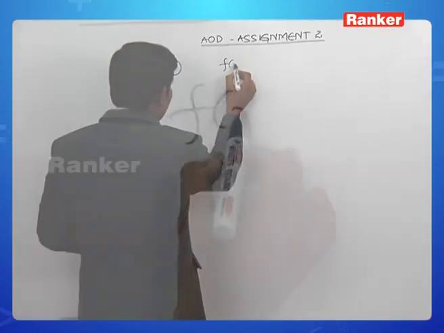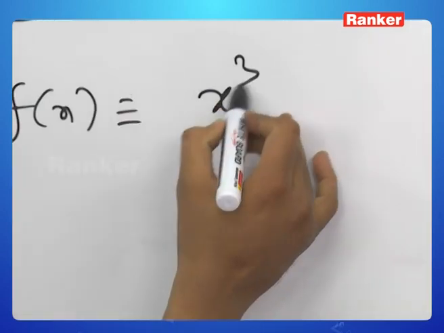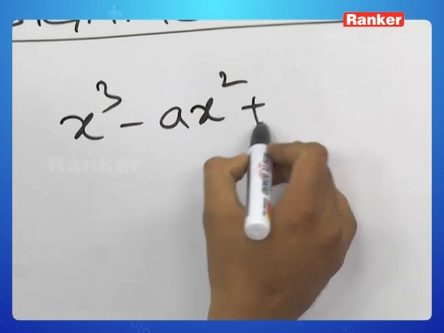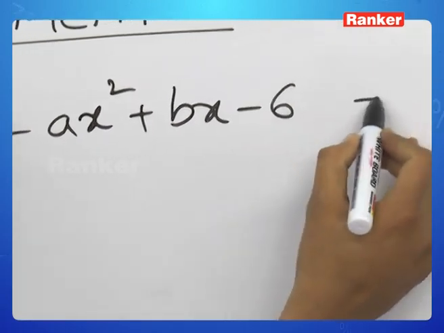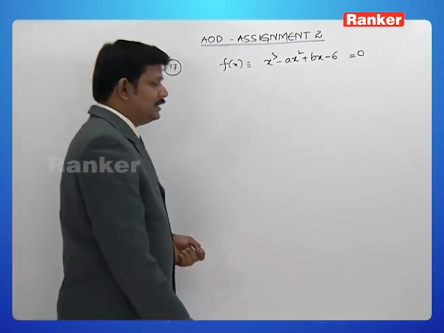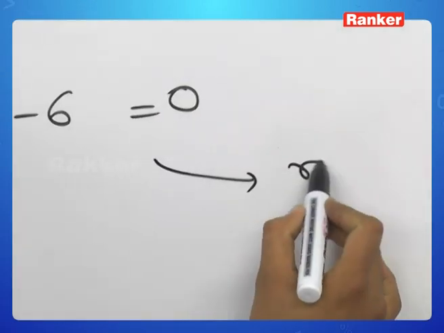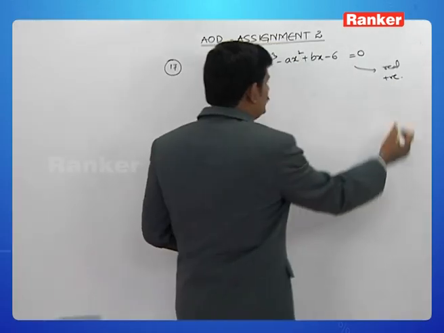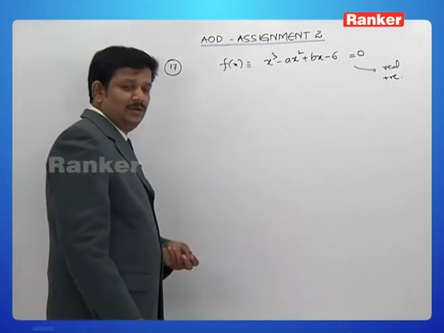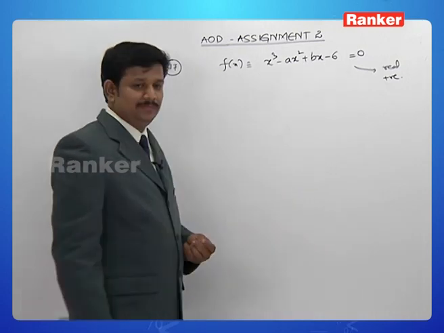Look at the function. f of x is x cube minus ax square plus bx minus 6, and the equation f of x equal to 0 has its roots real and positive. Roots of this equation are all real and are all positive. So we need to find the minimum value of b.